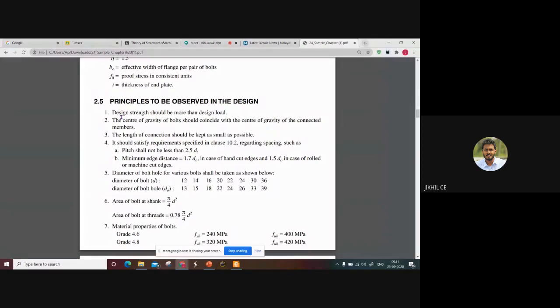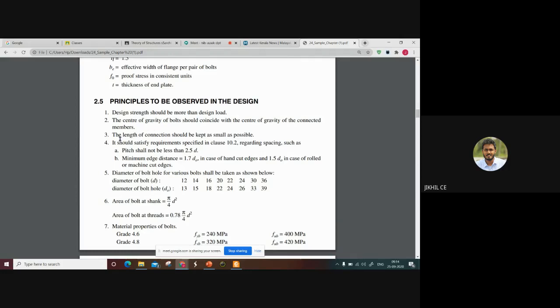Suppose you are asked to design for 30 kilonewton, make sure that the total strength of the connection is more than 30 kilonewton. Then the center of gravity of the bolts should coincide with the center of gravity of the connected members. This is fine, this is not that much relevant to you now.